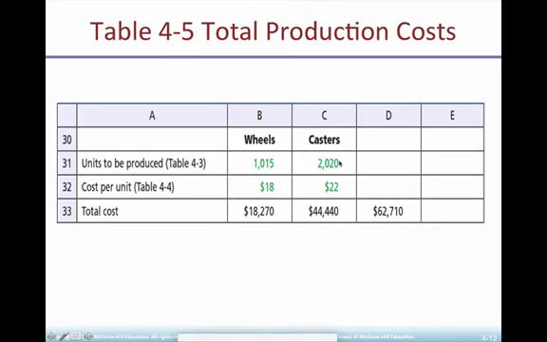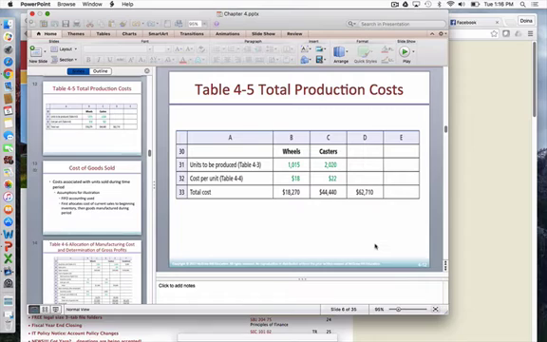And the same for the second good. I want to produce 2020 units times 22 new cost of production, 44,440. Total cost of production is going to end up 62,710. Now I'm going to continue with a new slide, with a new recording, because I prefer to keep recordings shorter, easier to upload.